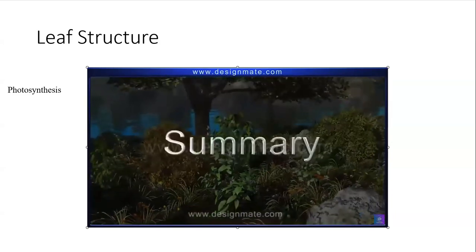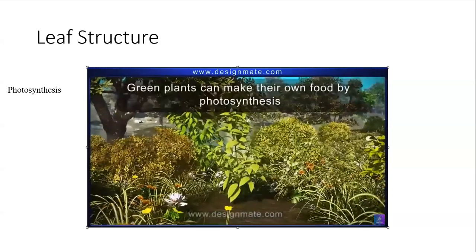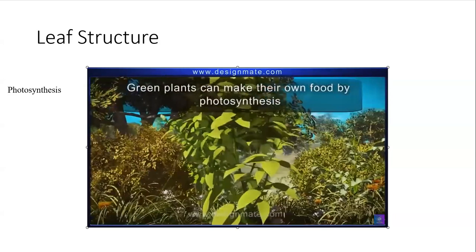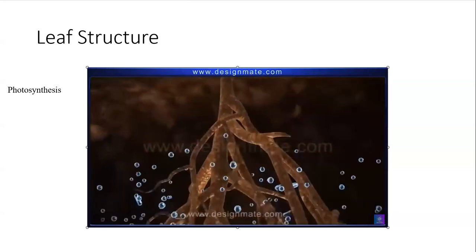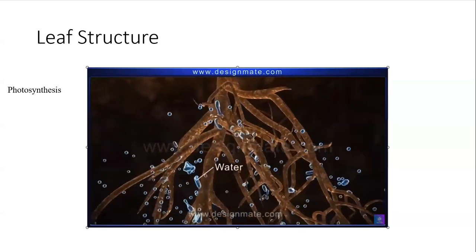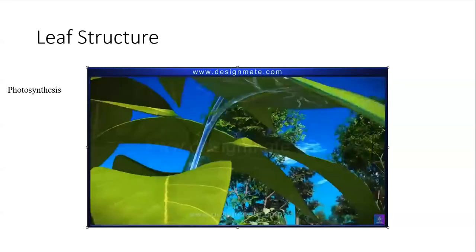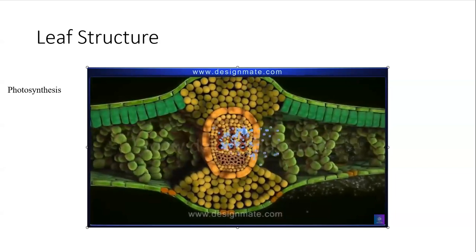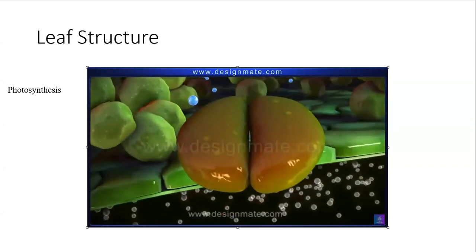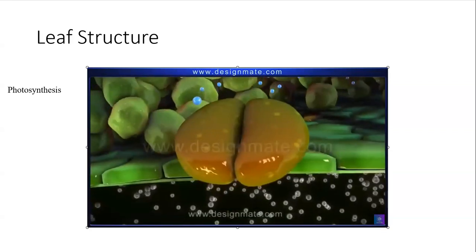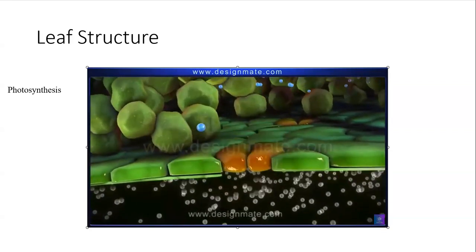To summarize, green plants can make their own food by the process of photosynthesis. Plants are held in the soil with the help of roots. These roots absorb water and send it to the leaves through specialized tubes. The lower layer has many pores called stomata. A leaf absorbs carbon dioxide from the environment through these stomata.